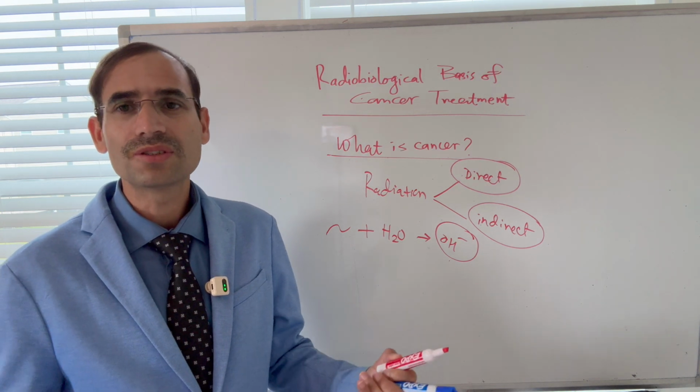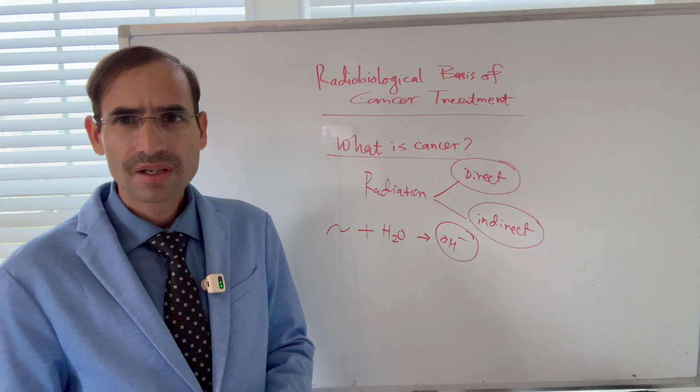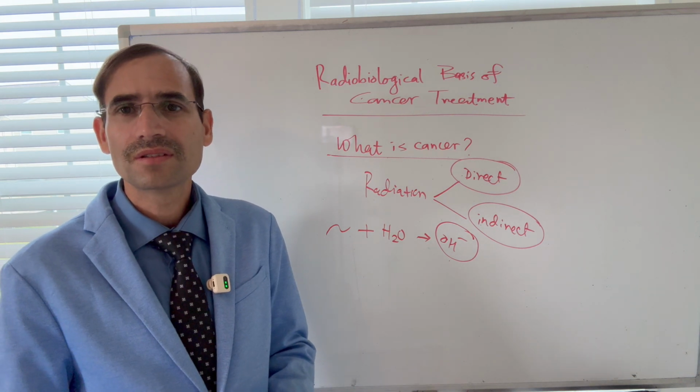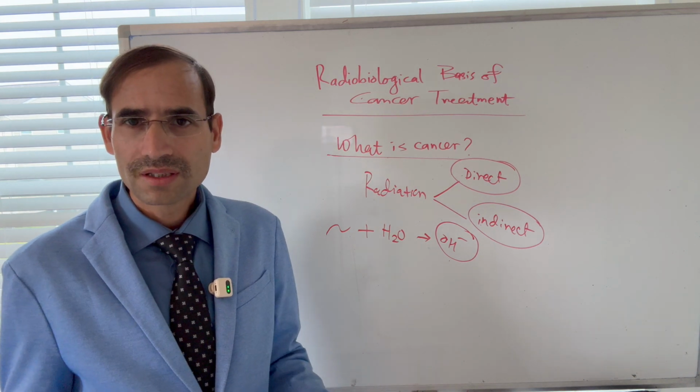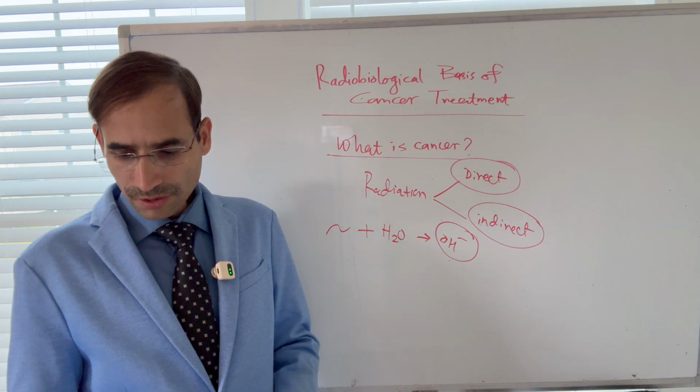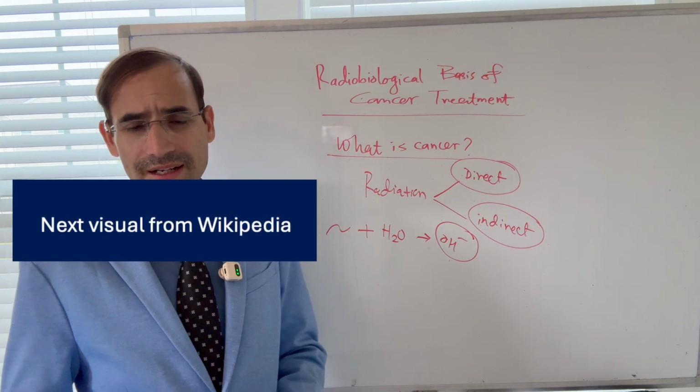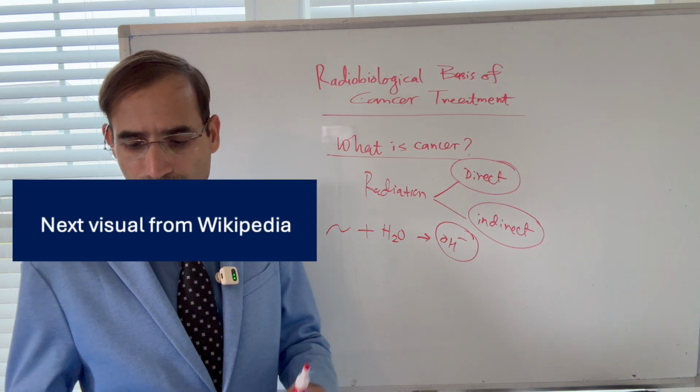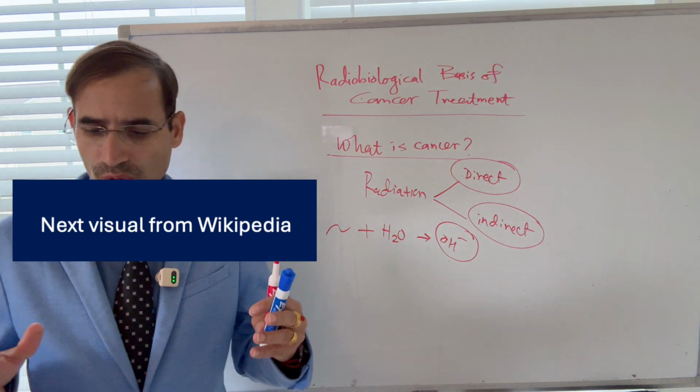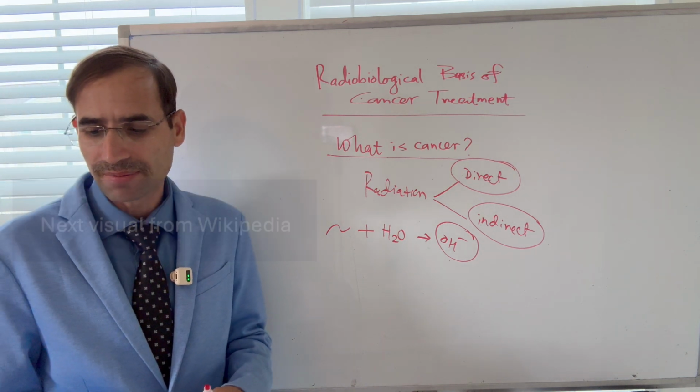Most of the time we use photons to kill the cancer, or in some instances we use protons, which we call proton therapy. Either the direct effect or the indirect effect leads to a point where the cell can no longer divide and eventually dies, a process called mitotic death.